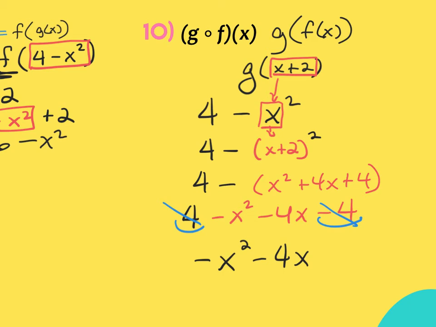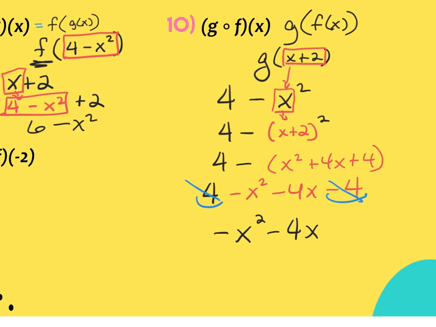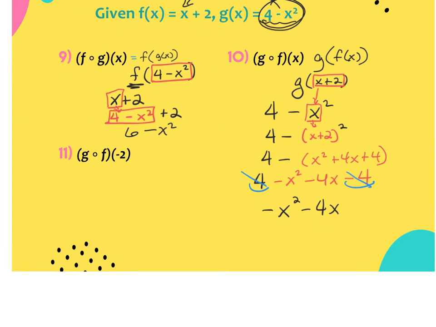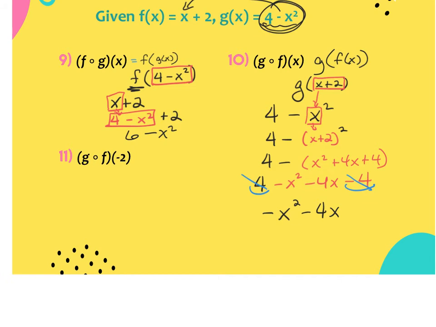Now I'm going to take that answer and I'm going to use it in number 11. Because they're asking me to write the composite function for g of f. So now I'm going to take that negative x squared minus 4x, and every place I see x, I'm going to put in a negative 2.